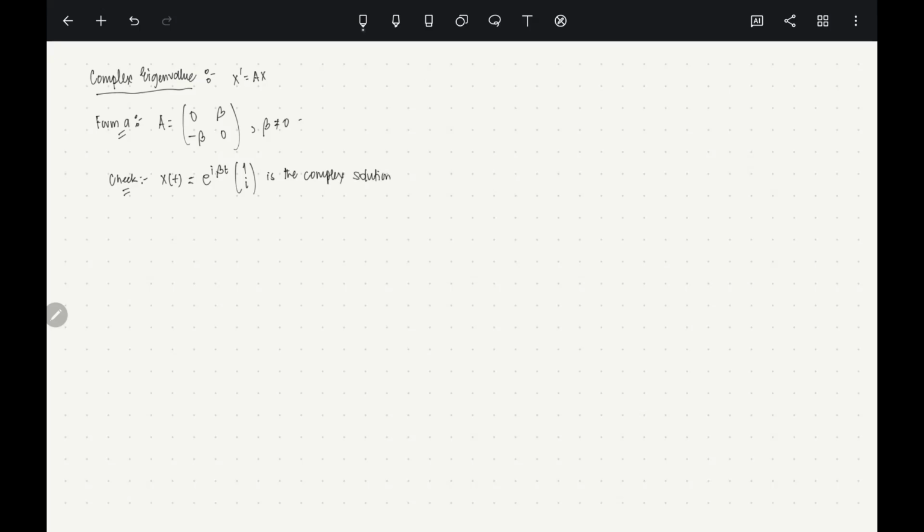Now if you remember, we told you that here we are working with real systems, so we are not going to look at complex solutions. This is a linear system, so if a solution x of t looks like x1 of t plus i x2 of t, you can show that both x1 of t and x2 of t are solutions, and they are real valued, right?